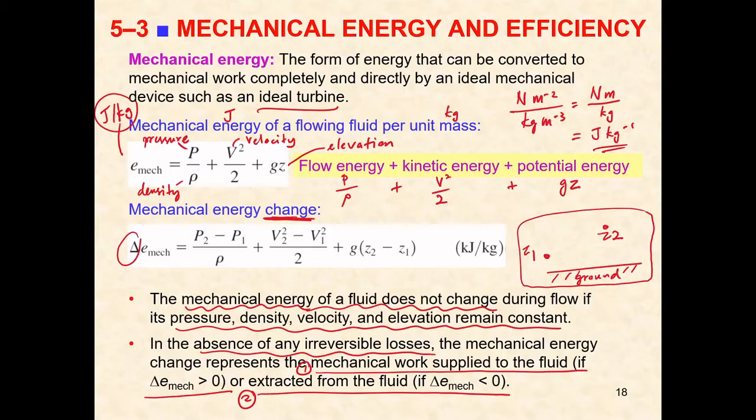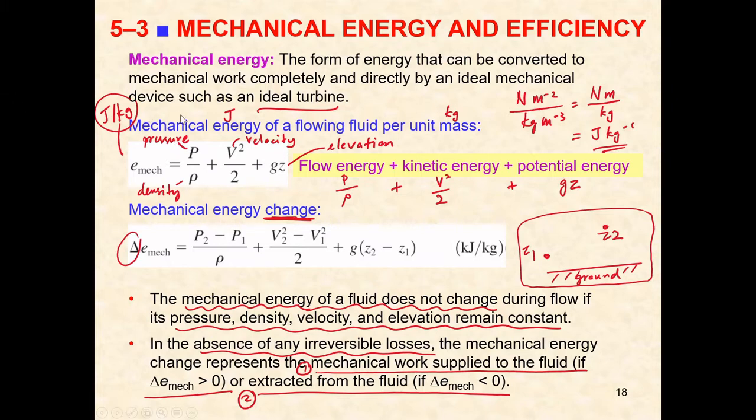All right. Okay, now let us look into 5.3, mechanical energy and efficiency. Mechanical energy: the forms of energy that can be converted to mechanical work completely and directly by an ideal mechanical device, such as an ideal turbine. Alright, so the mechanical energy of a flowing fluid per unit mass.